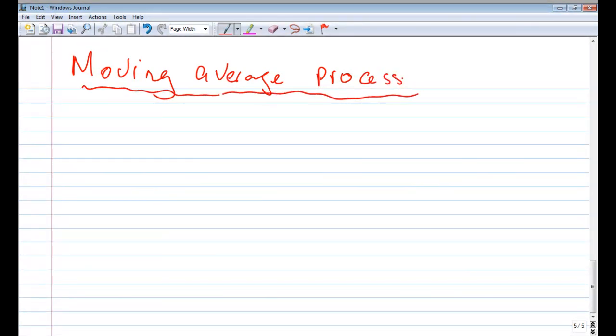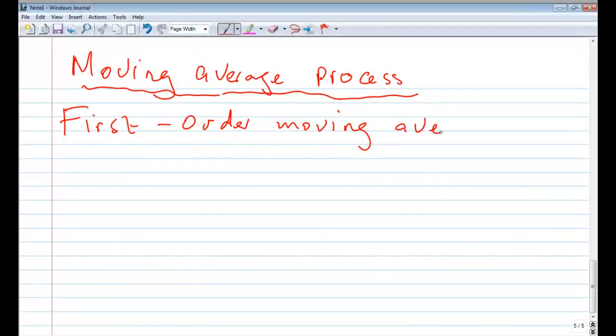And then we're going to start with the first order moving average.